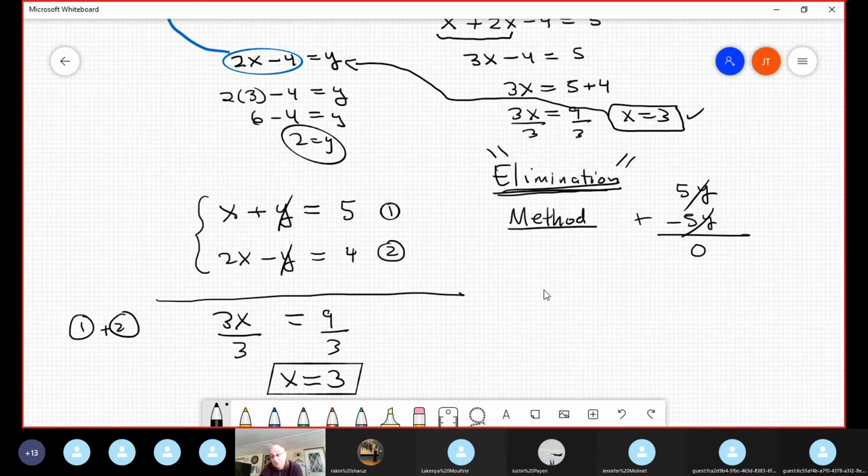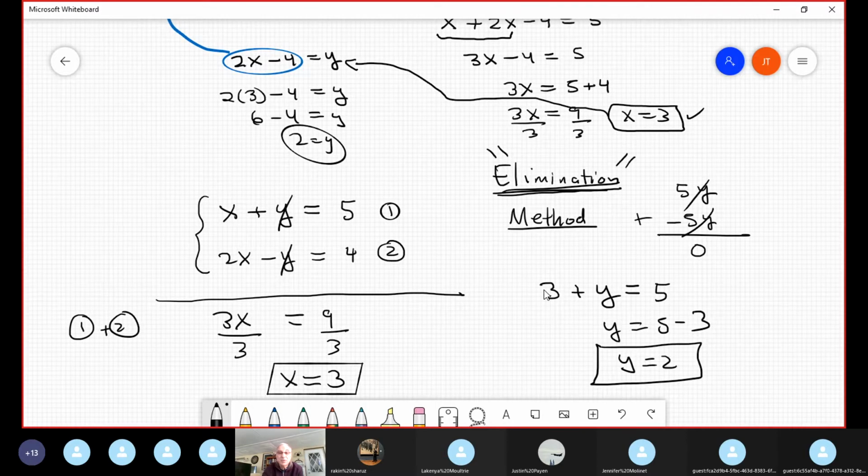Now, in order to find the y value, you replace 3 in either equation 1 or equation 2. Which do you consider easier? In my opinion, the easier is number 1, because x is 3, y is my unknown, equal 5, and solving for y is 5 minus 3, y is 2, and we get exactly the same answer.